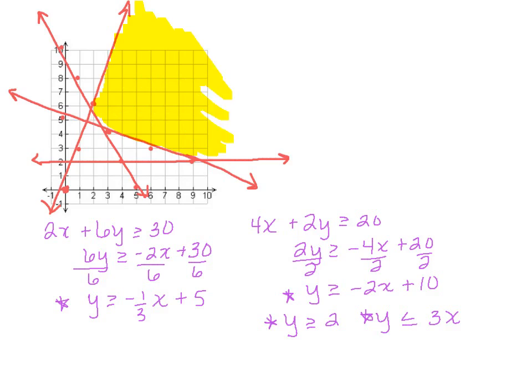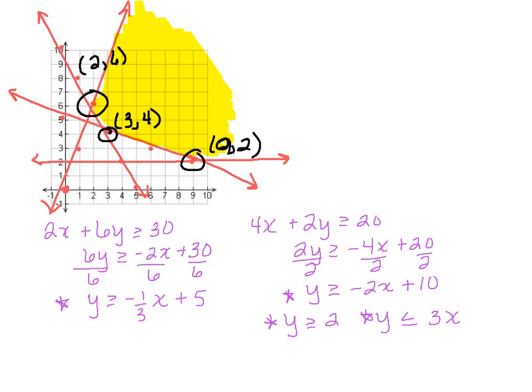So we have some points that we have to check. The points that we have to check are here. We have to check 2, 6. We have to check here. 3, 4 is another turning point, and we have to check here. Oops, 9, 2.